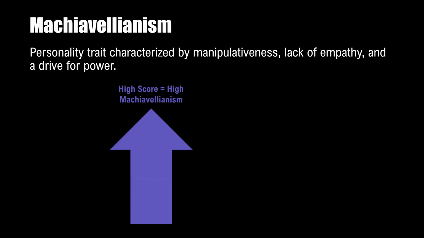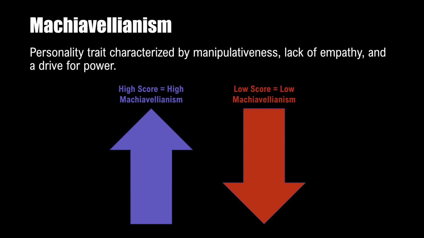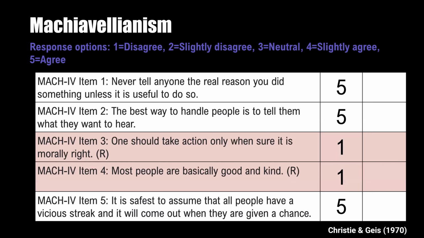With Machiavellianism, a high score would mean that you're high in this personality trait, and a low score would mean that you're low in this personality trait. So again, you want to keep this in mind as you're doing this.